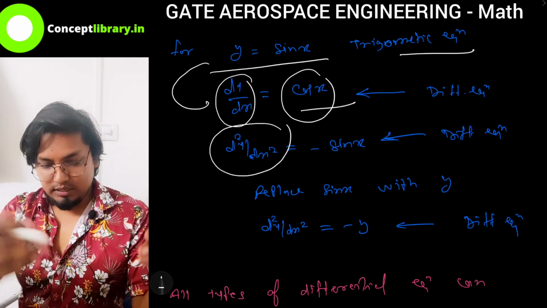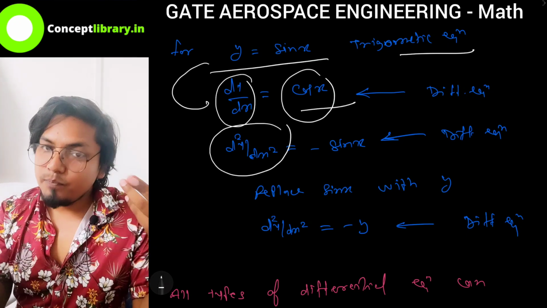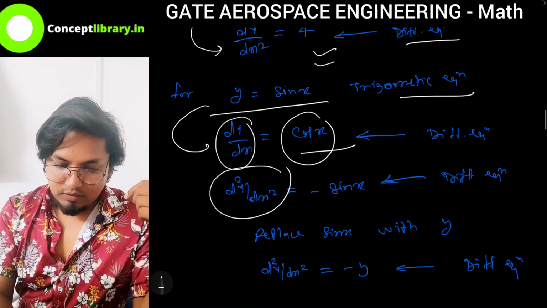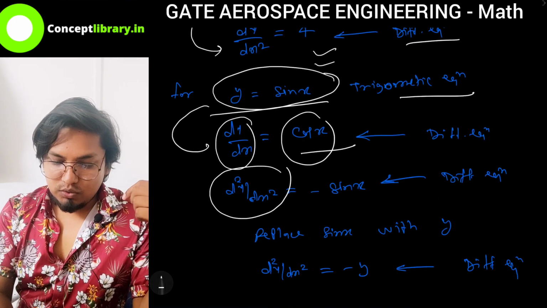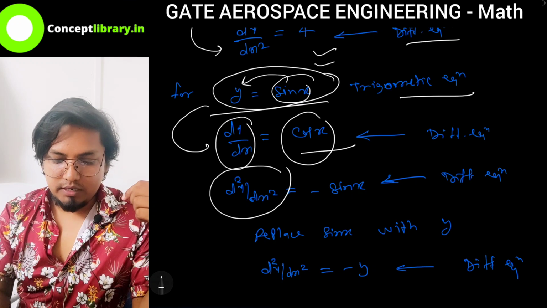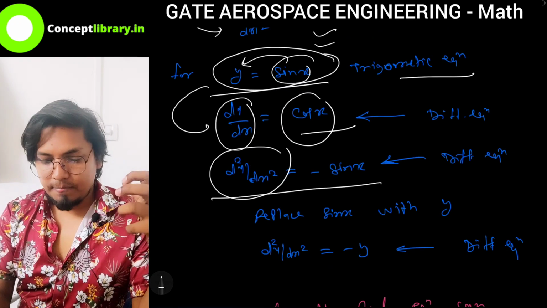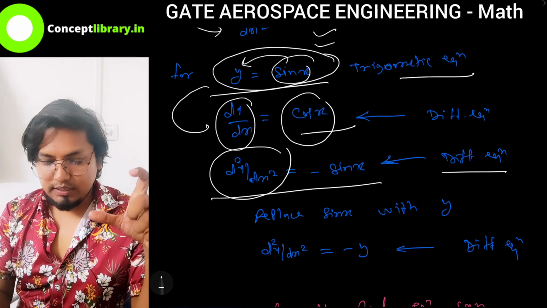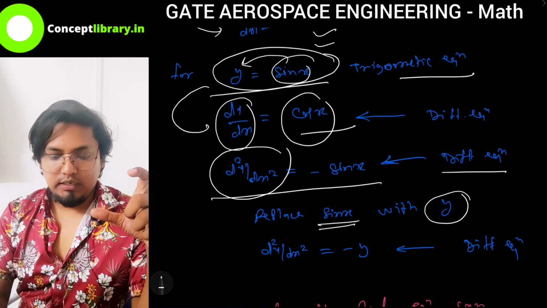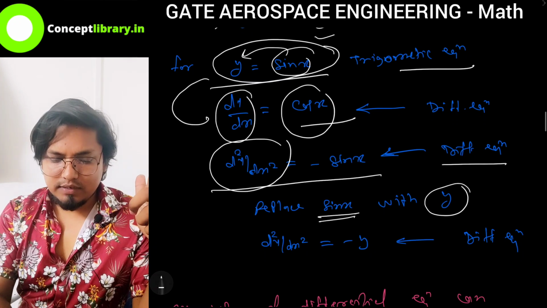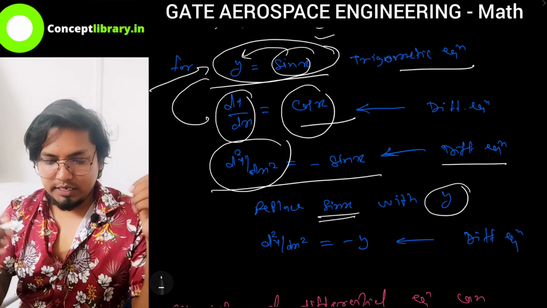Again same thing, the equation I have written again. So this again became your differential equation. Now what I am doing, see, y is equal to sin x is there, right? So that sin x I am replacing with y. Why? Because in the beginning itself I have y is equal to sin x, so I can put it in the second equation.